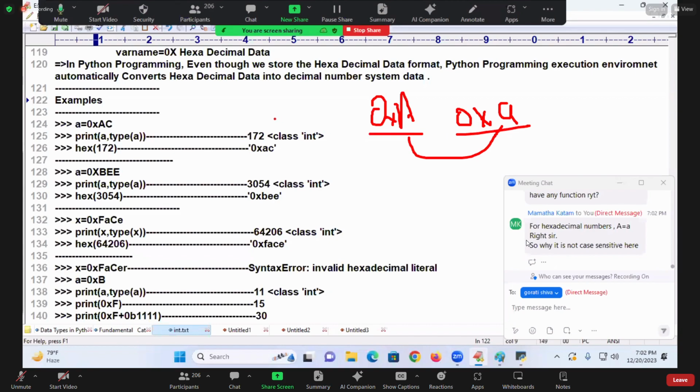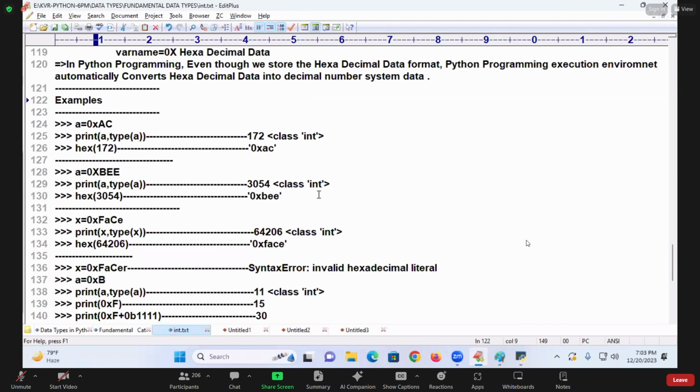They designed the language so that 0x capital A and 0x small a both are allowed. Why they gave it like that is not the question. 0xA or 0xa, both are the same. Even in the class I said, the Unicode of capital A is different from the Unicode of small a. If such doubts are coming, I cannot do anything else. Are you able to follow?